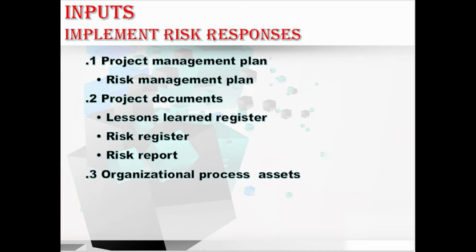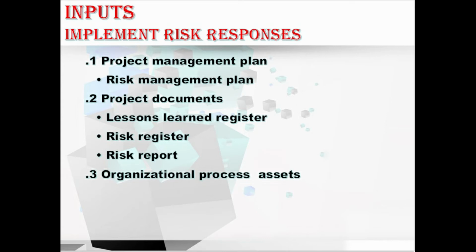We have project documents, which consist of the lessons learned register, risk register, and risk report. Let me explain one by one. First, the lessons learned register. The lessons learned earlier in the project with regard to implementing the risk responses can be applied to later phases of the project to improve the effectiveness of this process. Hope you understood this.